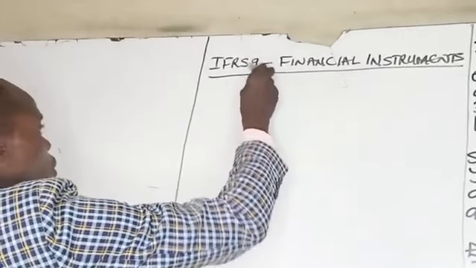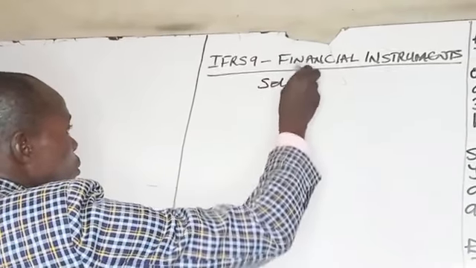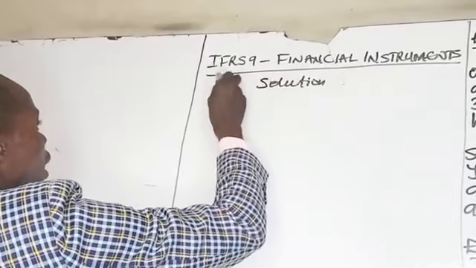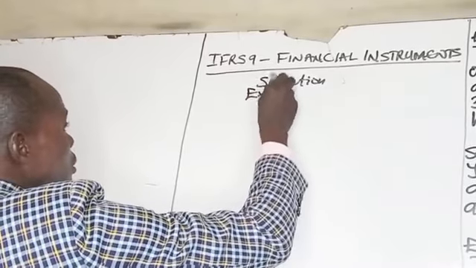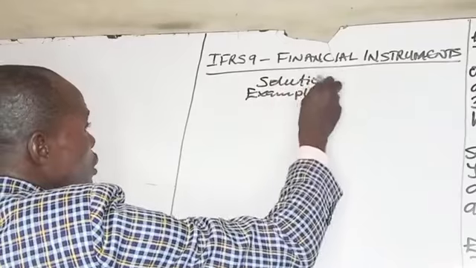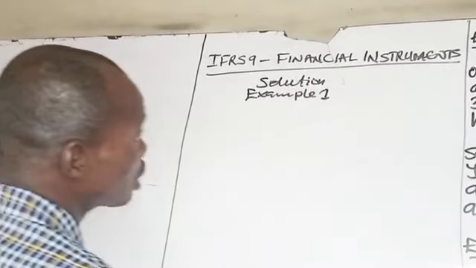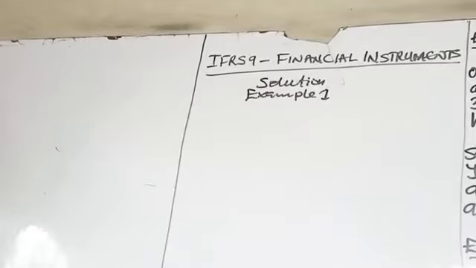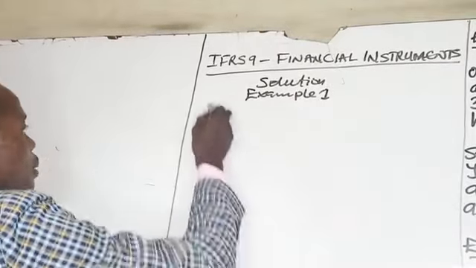Now let's have the solution to example 1. The name of the entity is not stated. So you are to prepare extracts from the statement of profit or loss.